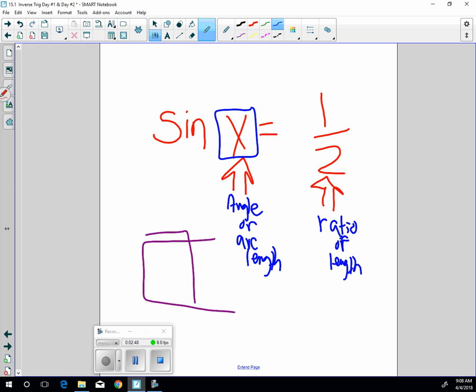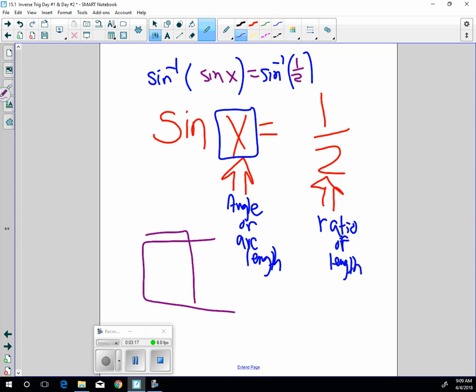So far, so good? Now what I'm going to do, very tricky, is I'm going to write this again, but now I'm going to take the undoing of sine, we call the inverse sine, of sine x and of 1/2. Now when I do that, what is the undoing of the function of x?